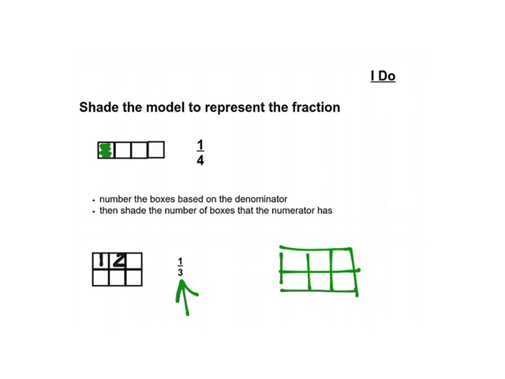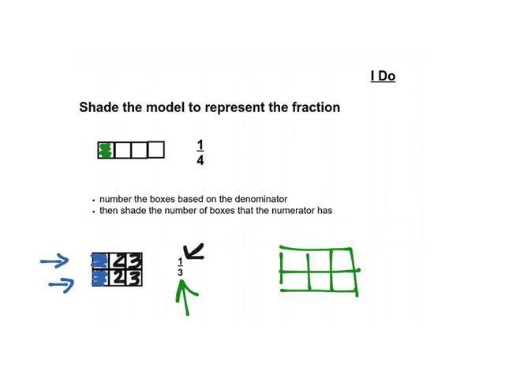So 1, 2, 3. 1, 2, 3. Okay, now my numerator says I have to have 1/3 colored in, correct? Well, if I look at the top one, I need to color in the 1, and here the 1. So now I have 1/3 colored in.